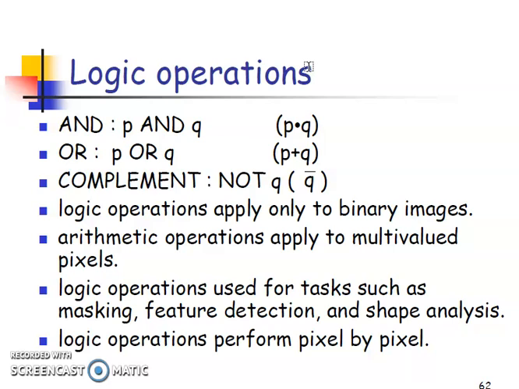The arithmetic operations apply to multi-valued pixels. The logical operations are used for tasks such as masking, feature detection and shape analysis, etc. And these logical operations are also performed on the entire image pixel by pixel, like the arithmetic operations.